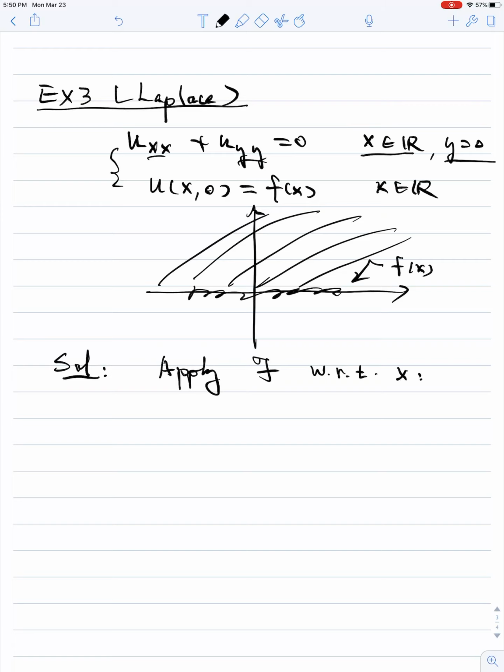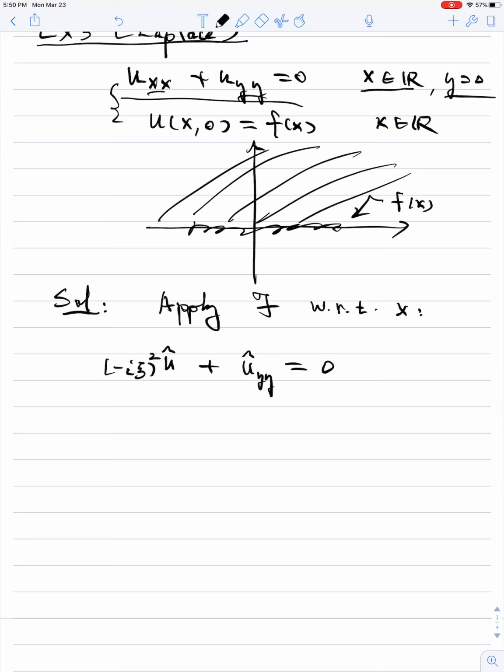Then this equation becomes u hat_xx, which is negative ξ squared u hat, plus u hat_yy equals 0. Now this becomes an ODE for u hat: u hat_yy minus ξ squared u hat equals 0.